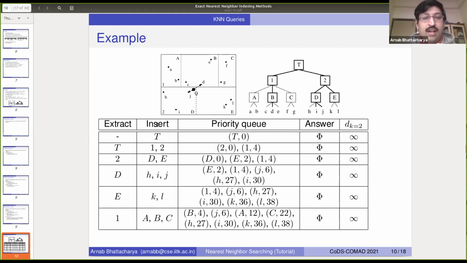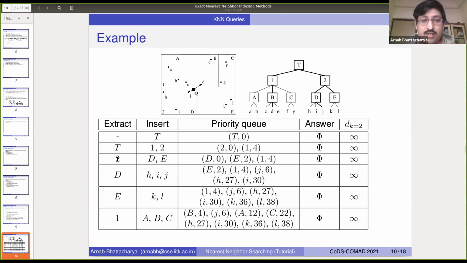Then, I cannot find anything directly from T, so I extract from T the two nodes, 1 and 2, and put in their estimates of the value. The estimate of distance to box 2 is 0 because Q is within 2. And with 1 it is, let's say, 4, some distance. Then I always keep on extracting from the best position of the heap, which is 2.